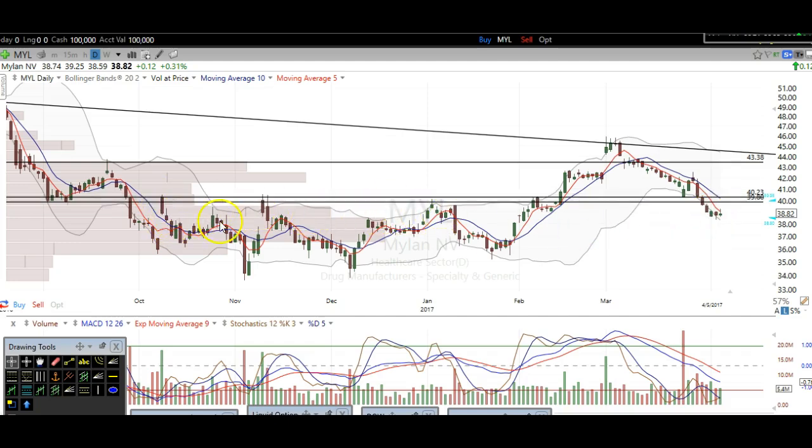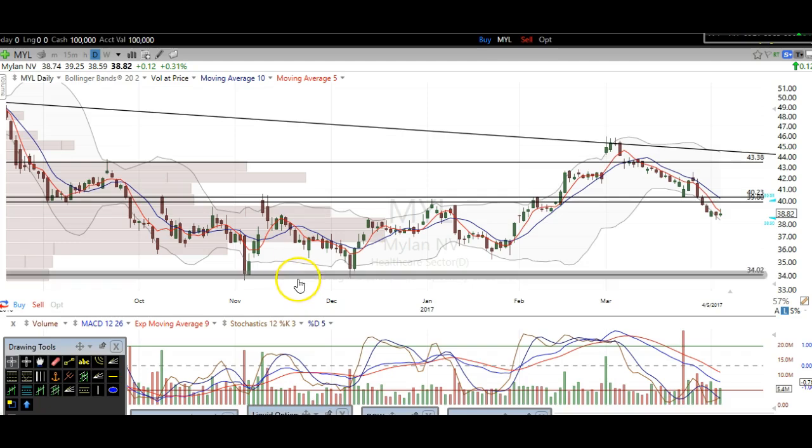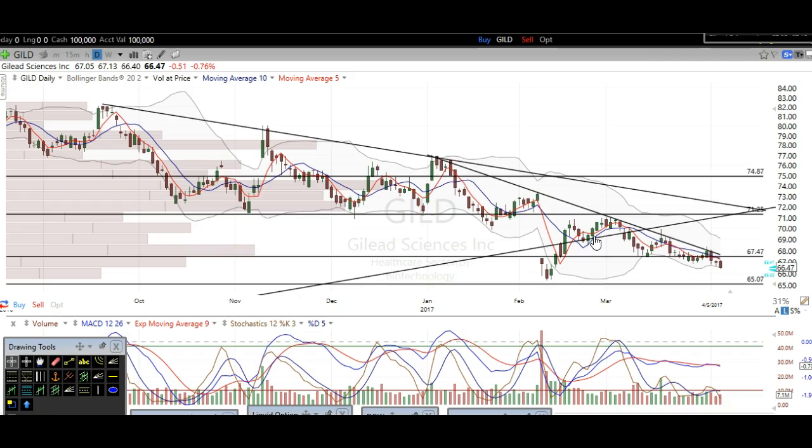So it was previous resistance there, broke over it big time, and then we broke back below it. So now this $40 level is going to be a big level of resistance that you want to be looking at. And then on the underside, we've got some pretty decent support down here near about $34. So that's about $5 below us, but definitely want to be aware of all these supports no matter how far away they are.